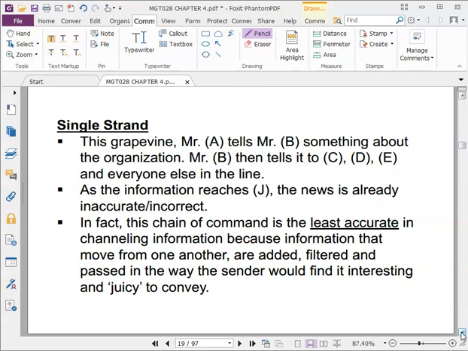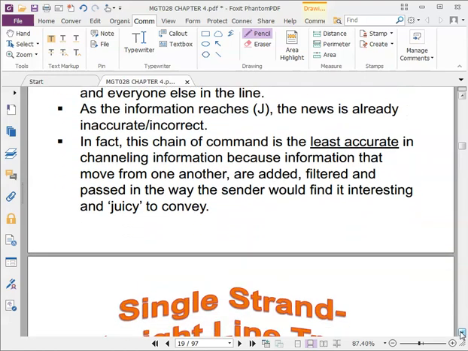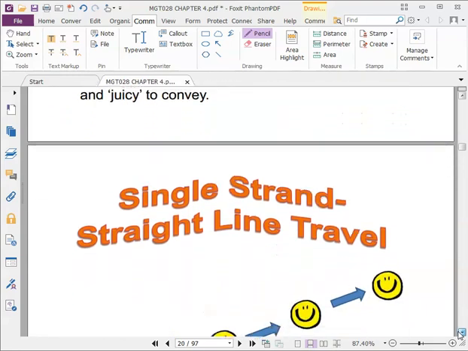So, maksudnya, orang A dengan B ni dia bagi tahu perkara betul. Tiba-tiba dah sampai dekat C, D, E, dia jadi perkara yang lain. Dia tambah tokok, tambah. Okay, dia nak sedapkan cerita. So, dia punya maklumat tu dah sikit sangat yang betul. Tu maksudnya single strand. So, you kena berjaga-jaga dengan informal communication ni.